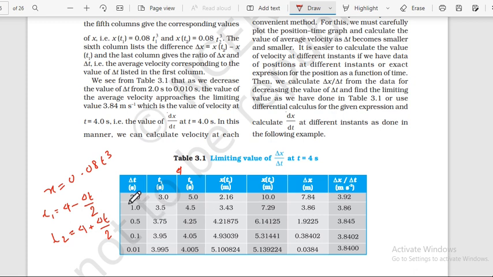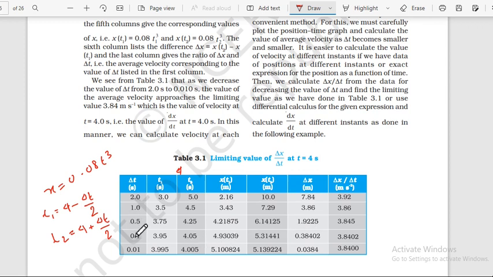If we put this in this equation, we get x1, and if we put this in this equation, we get x2. We subtract these two, x2 minus x1, and we get this. So we have delta x and delta t. If we do delta x by delta t, we get this. Similarly, we are doing this. You can use a calculator and check by yourself.